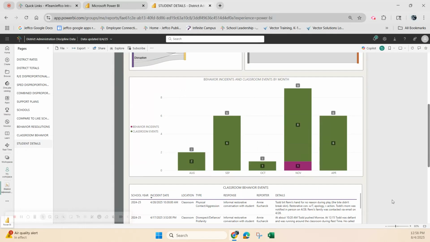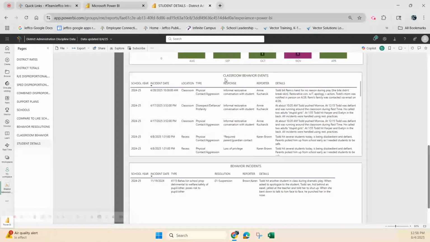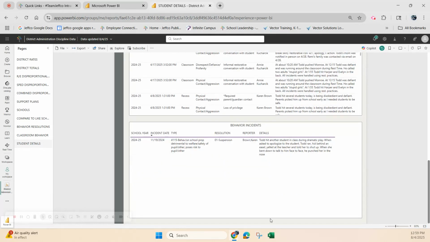You can see this over time, like where the student might have struggled. It looks like November was kind of a rough month. And then classroom behavior events, this pulls straight from campus, so all of the documentation, who submitted it, and what the response was, what the behavior type was, where it happened, etc. You can also see, if you have access to this, the behavior incidents that are in the Office Managed tab.